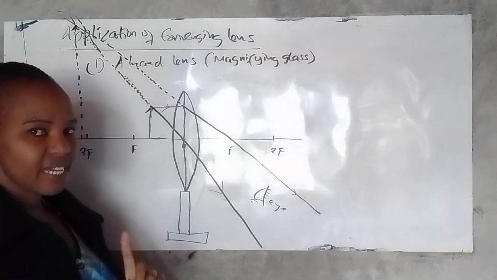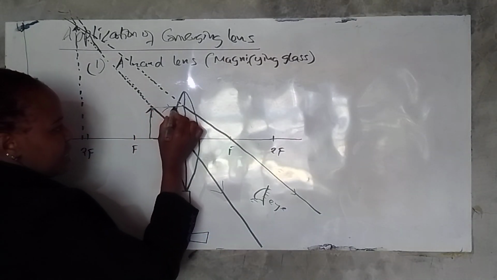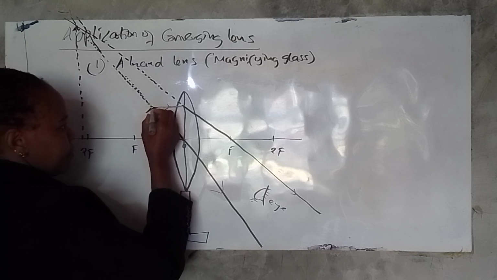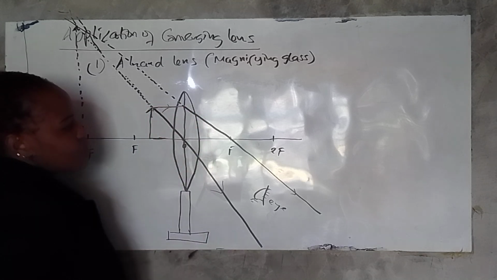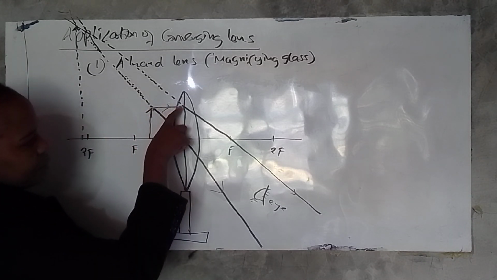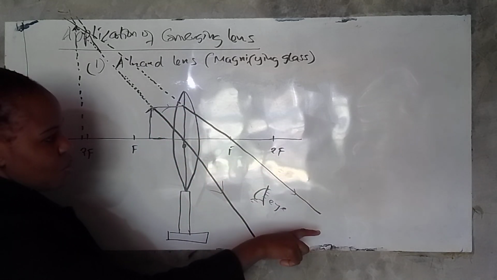Now let's identify the true rays. This ray is a true ray coming from the object. So this is a true ray which is coming from the object, and after refraction it is made to pass through that point.